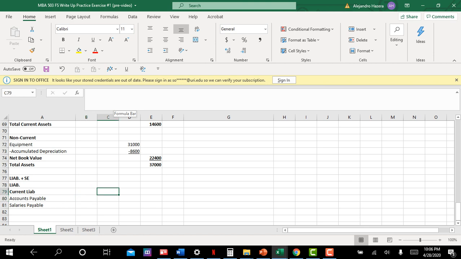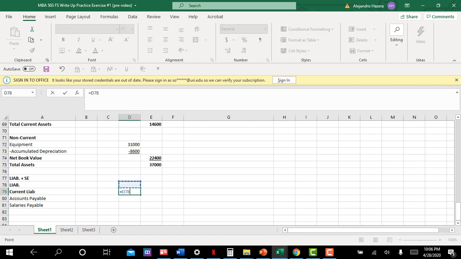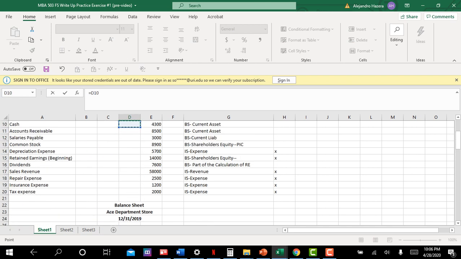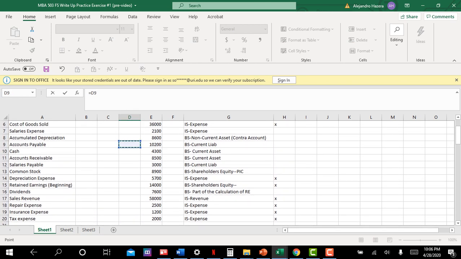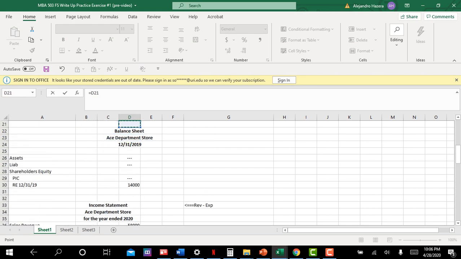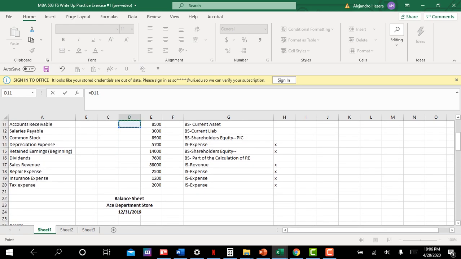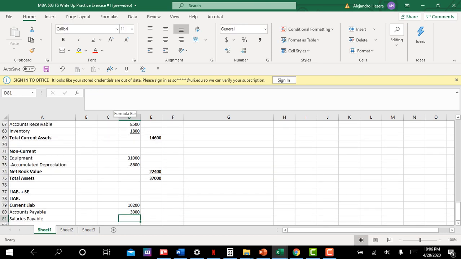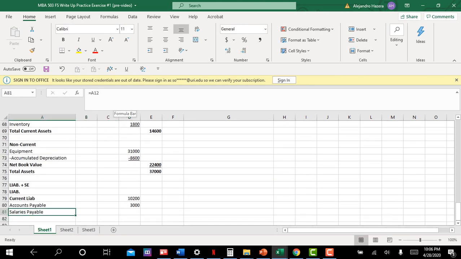So your accounts payable is equal to 10,200. Your salaries payable is equal to, I believe, 3,000 somewhere here. There it is. 3,000.